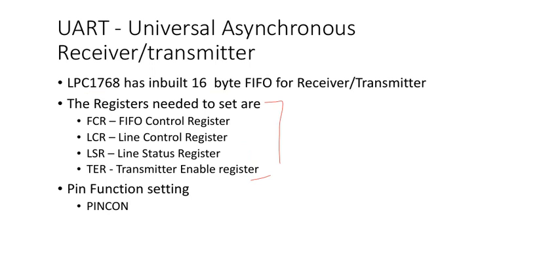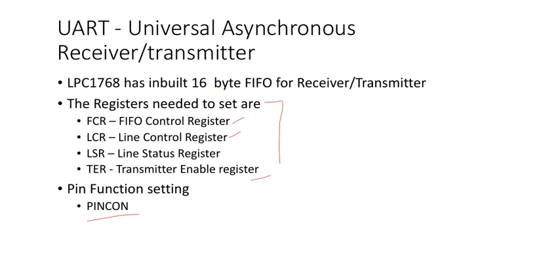In 1768, we are going to take the registers FCR, LCR, LSR and TER. Mainly we'll be using FCR and LCR for our purposes, and there is a pin configuration where we have to change the function of a particular pin from GPIO to UART.